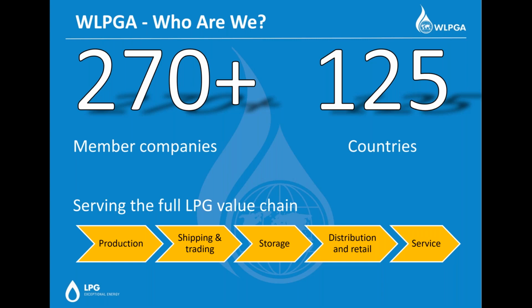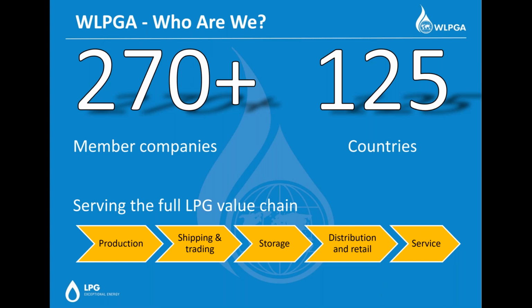Our members include producers, major producers in the US, for example, like Targa, and then the major shipping companies, BWLPG. We have Epic Gas, we have Dorian as members. We also have very large LPG distributors like Ultragas, as I mentioned, and Repsol, and UGI and SHV.